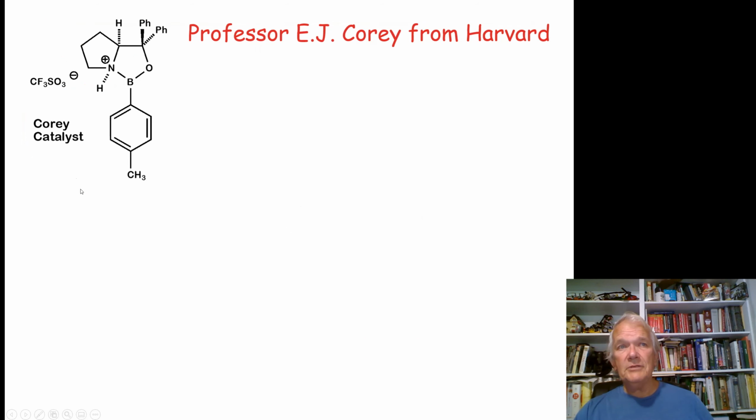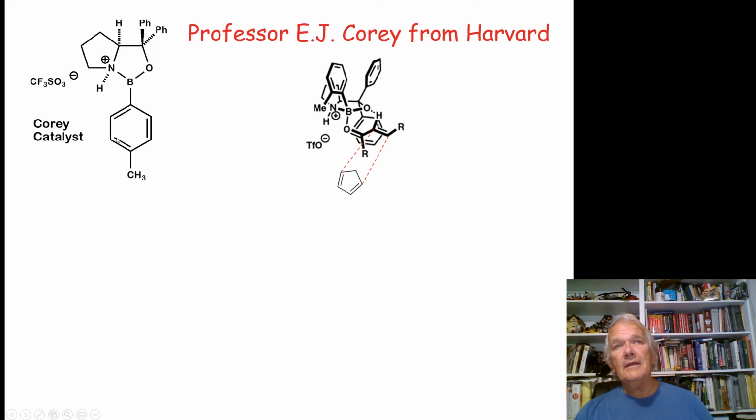And here, this was done in a classic experiment by Professor Corey at Harvard, where he devised this boron compound, which is just inherently chiral, and it's got a beautiful chiral center up there. The dienophile shown here will coordinate to the boron, and it takes a particular orientation because of that phenyl ring behind it, which means it blocks one side of the dienophile, so the cyclopentadiene, the diene, can only come in from one direction.